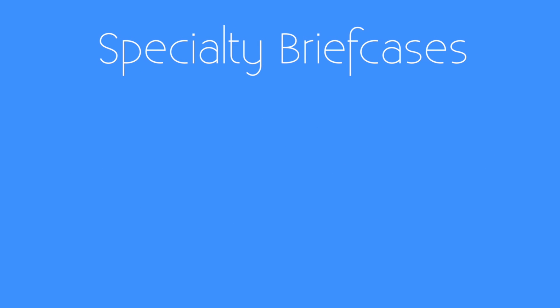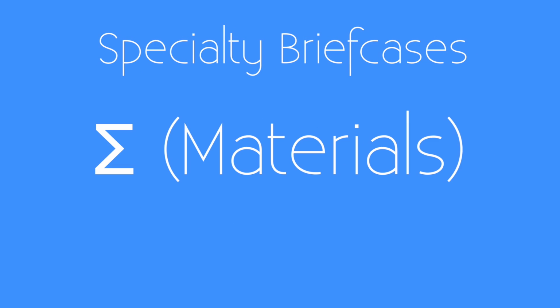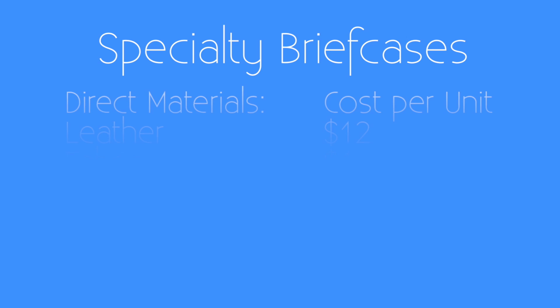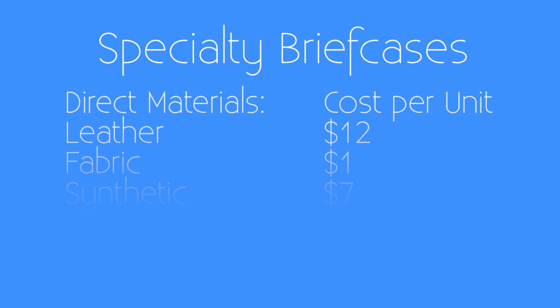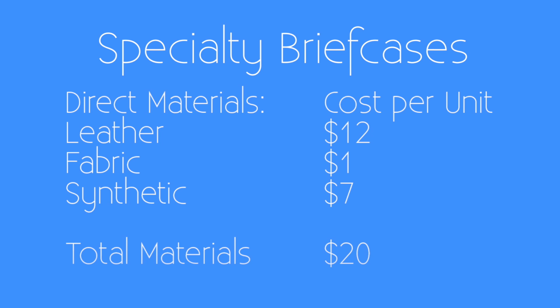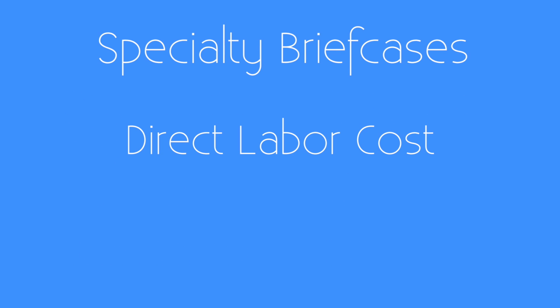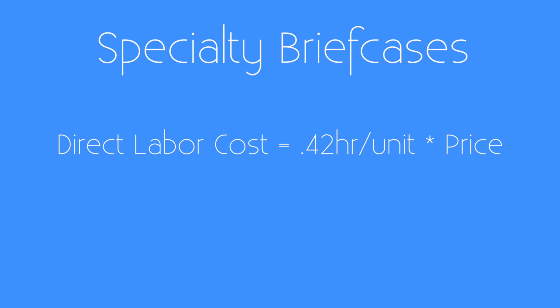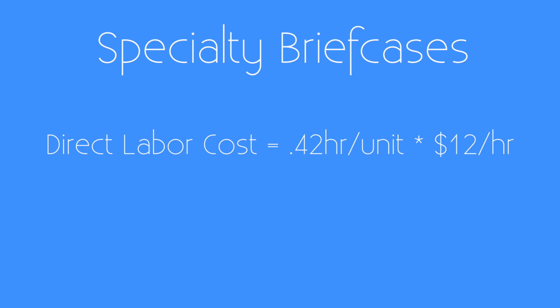For the specialty briefcases, the material cost equals the sum of all materials that go into one unit. This is the price of the leather, $12, the price of the fabric, $1, and the price of the synthetic material, $7. This totals $20. The direct labor cost is calculated by multiplying the amount of time it takes to produce a single unit, 25 minutes, with the price per direct labor hour, $12.